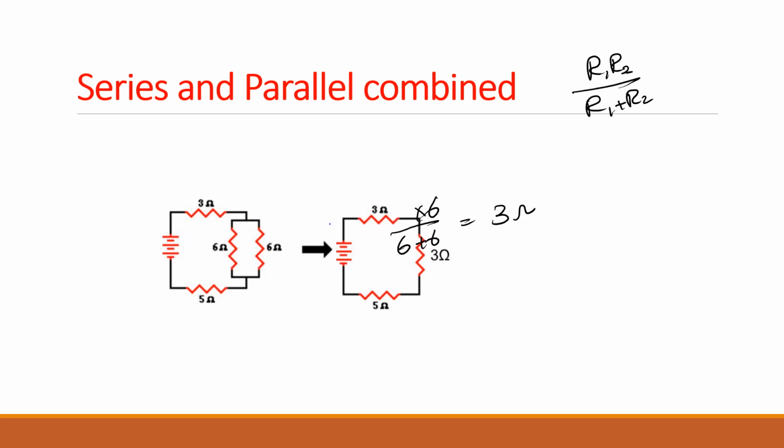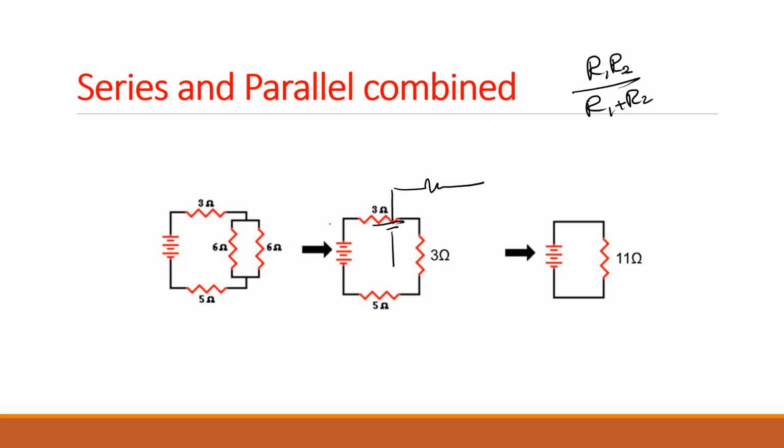So we can now simplify the circuit. We have all these as they are. We haven't done anything with this. So we have 3 ohms and another 5 ohms. We simplified this part, so this 6 and 6 is now 3 ohms. Now if you look at this circuit, all 3 resistors are in series. How do we know that?